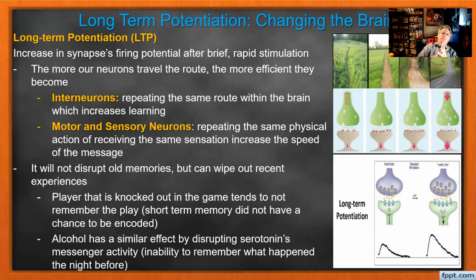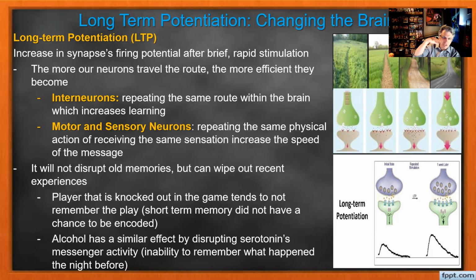Now, it can get wiped out a little bit if you never do make that connection. Somebody gets into a car accident, somebody gets knocked out of a football game. They never take it from short-term and put it into long-term memory. And as a result, they can't make that neural change. Alcohol can have an effect on it because it has an impact on serotonin and other neurotransmitters.